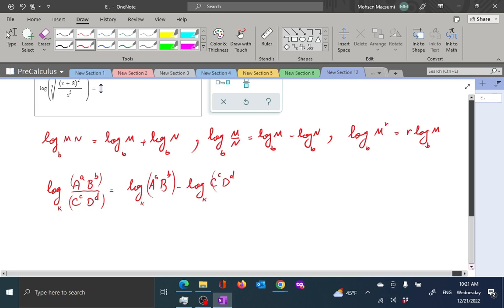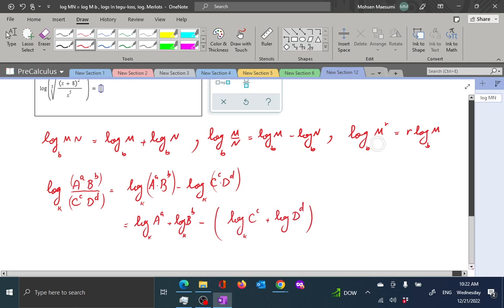Okay, next step, so we applied the ratio. Next we apply the multiplication that we have here. So multiplication is this rule, so I can write it as the logarithm of a to power of a plus logarithm of b to power of b minus all of this. Let me put it in the parentheses, logarithm of c to power of c and logarithm of d to power of d.